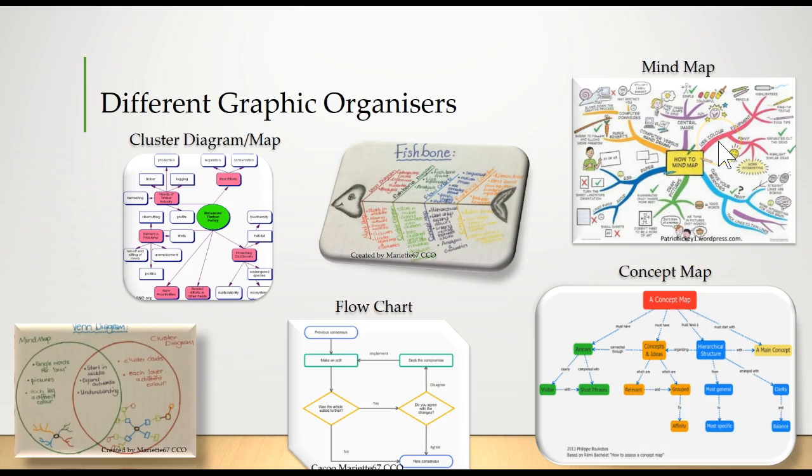Each branch has a main topic, and it's from a different color. And working from the inside out, you'll see that it splits off into smaller branches, and each branch again has a single word or a single idea attached to it.